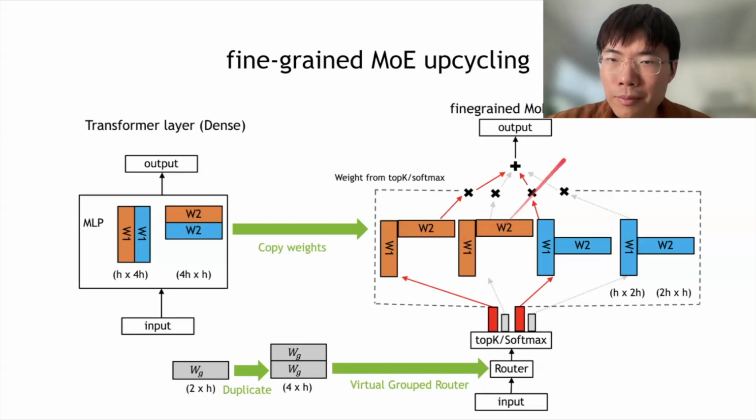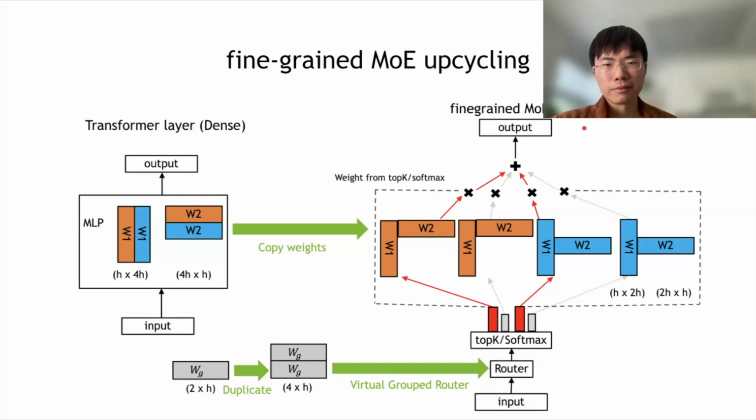I think you said the router weights are initialized randomly at the start. So if they're random, why do these virtual groups help? Yeah, they are the same randomness because we duplicated them here. Got it. Because they are random, but the weights are the same across these two shards.